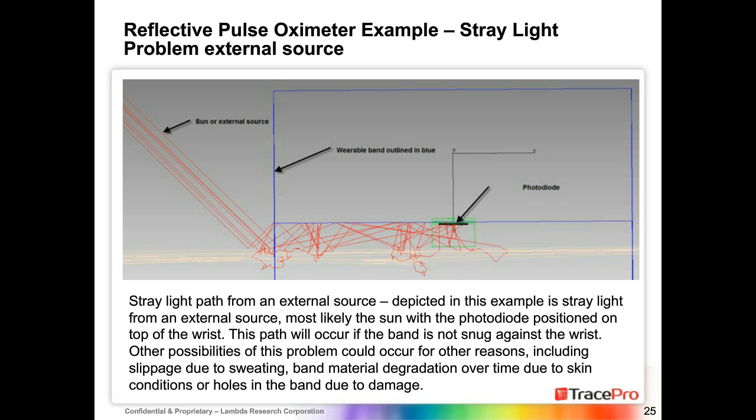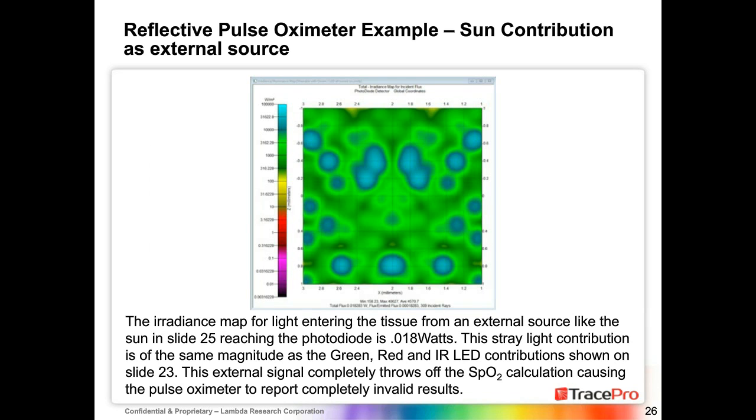So here's what's happening. If we take a look at that scenario and we do a virtual simulation in TracePro, we see that the sun contribution, even though it's rattling between the skin and the wearable band many times, still reaches, and this is about an inch thick wearable band is what I'm assuming here, we're going to get about 0.018 watts from the sun.